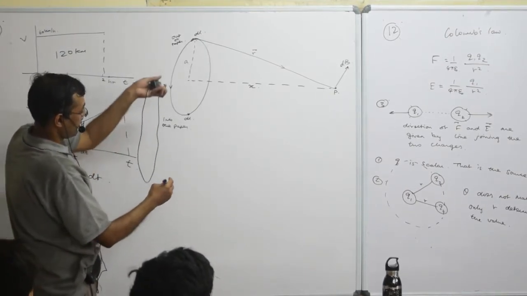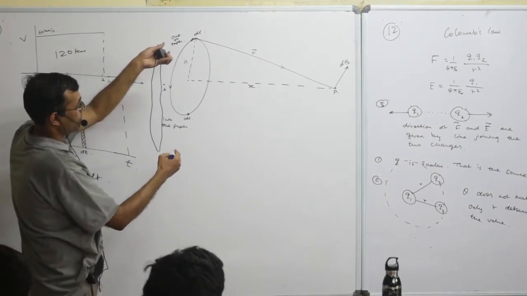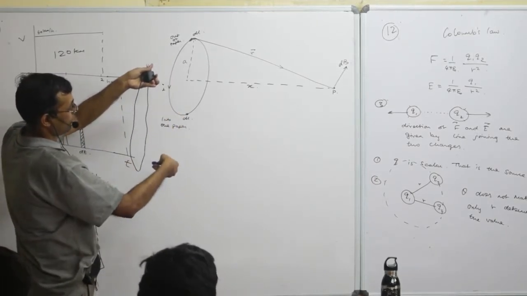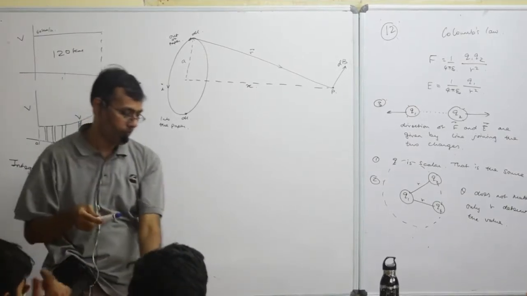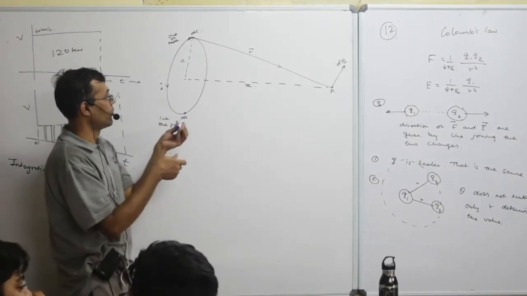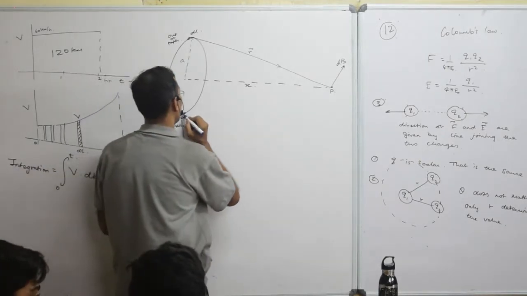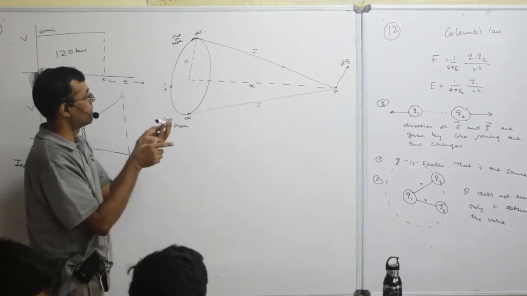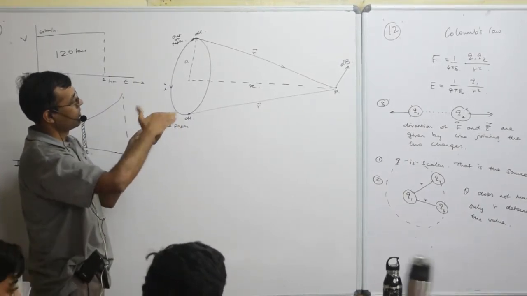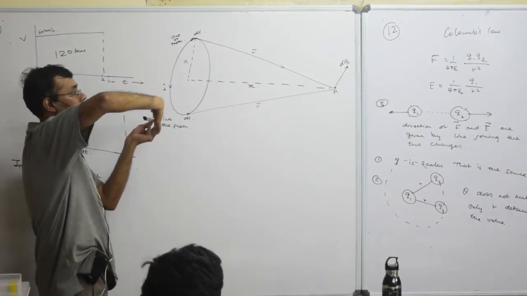And look at this. The bottom part, we said dl is going into the paper. So instead of coming out like this, it is going into the paper. So dl is here. dl is going into the paper and r is somewhere here. So I should start from dl and then go to r.